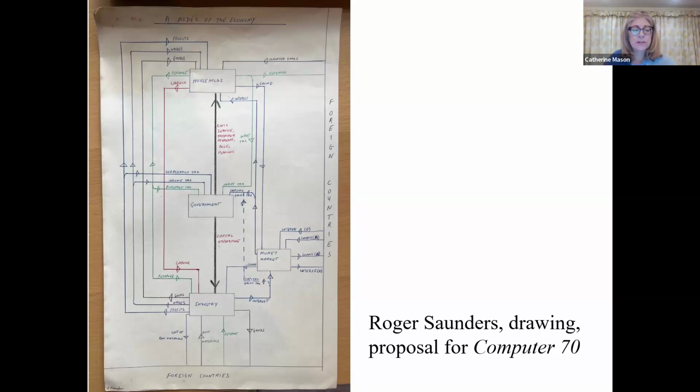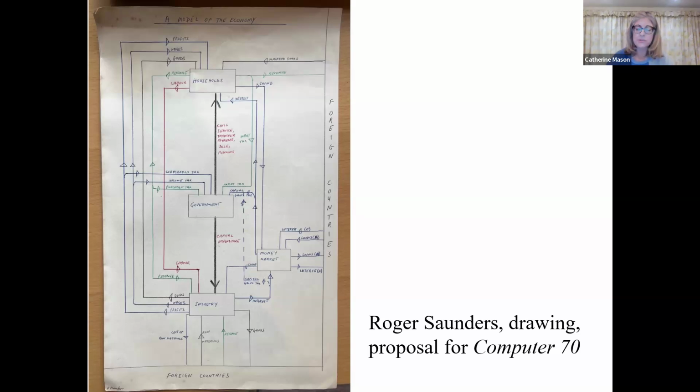So we've got at the top of the diagram households in a box. In the middle, we've got government, and at the bottom, we've got industry, and he's got foreign countries sort of outside of that. And he's considering how the economy works and how money moves around an economic system and all the different inputs that would have a bearing on it.